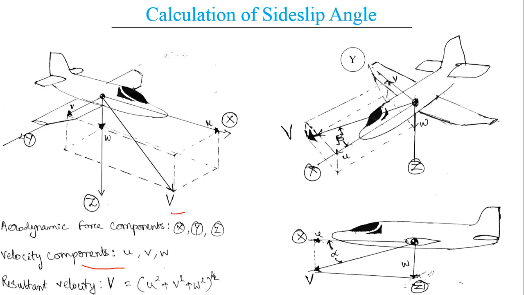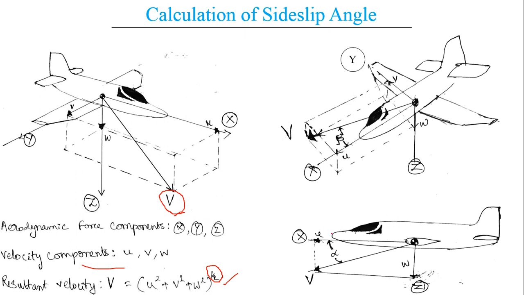So we are taking a component of velocity V. This velocity is the velocity of the aircraft, not the wind. Here the resultant velocity is obtained by applying the Pythagoras theorem. So V squared is equal to u squared plus v squared plus w squared. We need V, so we are taking the square root.